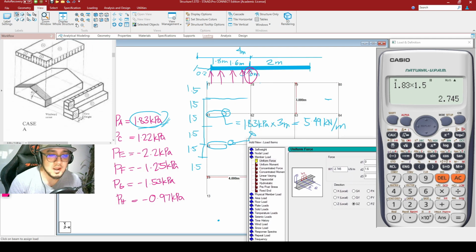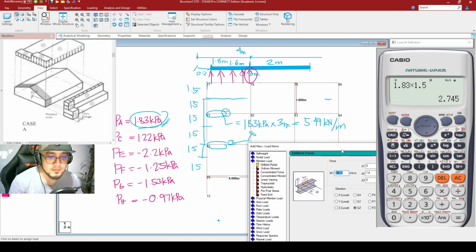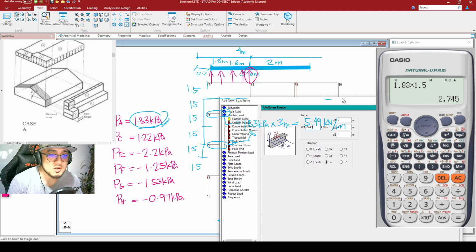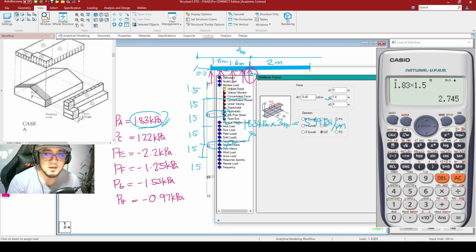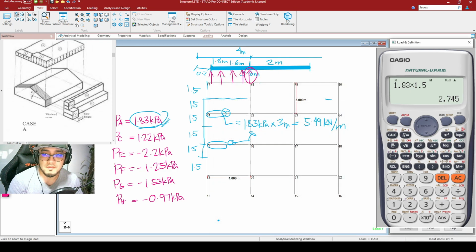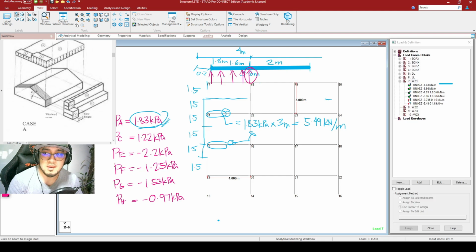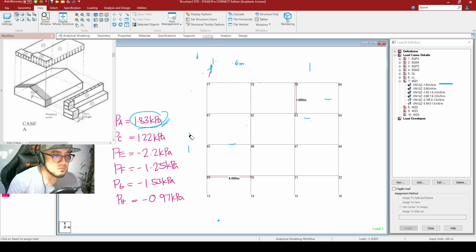So I have already clicked add. And as for the second magnitude, this is for the interior beam. So this is now to be equal to negative 5.49 kilonewtons per meter. So I would be clicking add, close. Then I would now be assigning them onto our structure. So the one with the smaller magnitude would be assigned here.